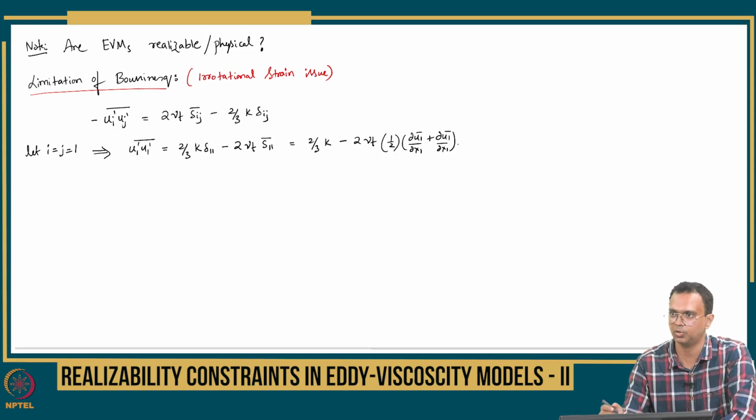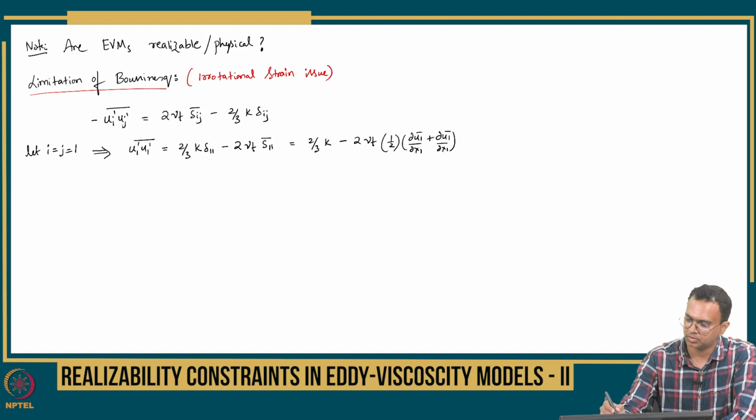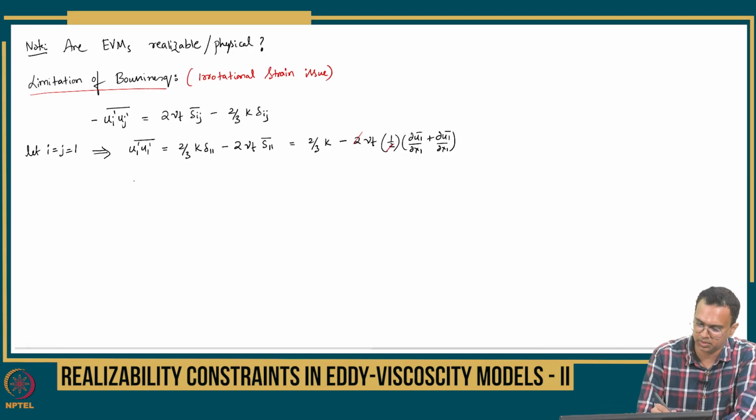I and j both are 1. So this essentially becomes u1 prime squared average equal to 2/3 k minus 2 nu t dou u1 bar by dou x1.